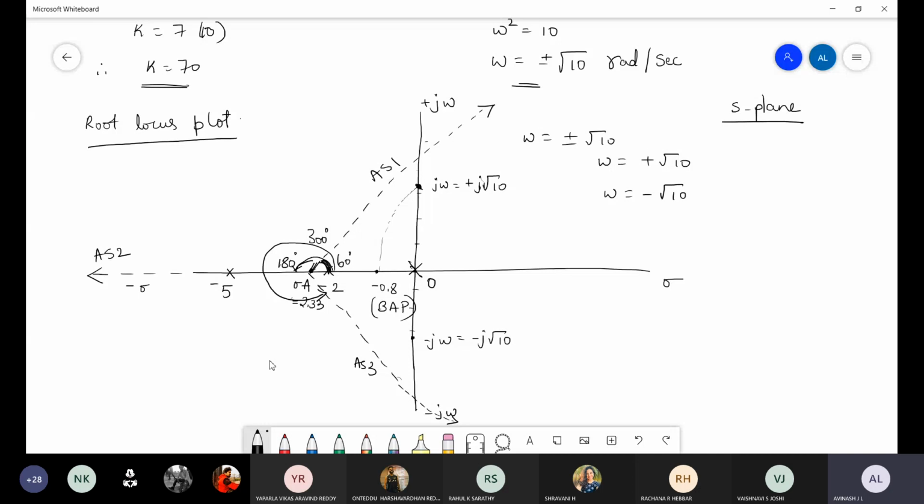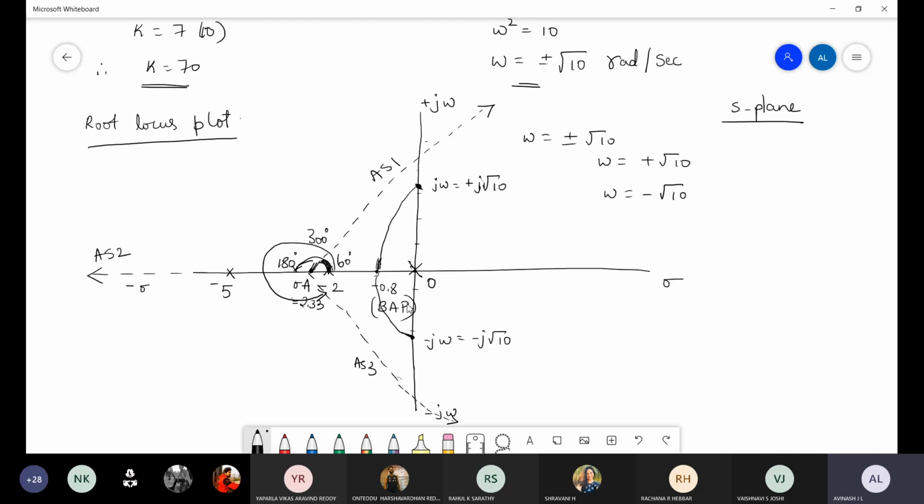Drawing on the digital pad is somewhat tedious. Similarly, from the bottom also I can connect this one. You need to draw it on graph sheets so it comes out neatly. I am drawing approximately. So this is the root locus curve.